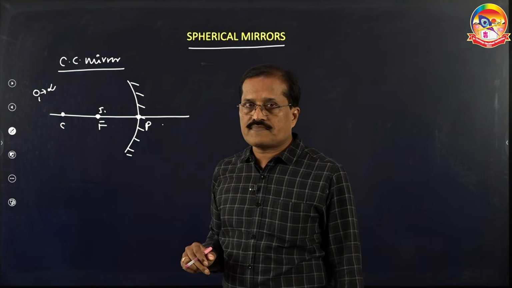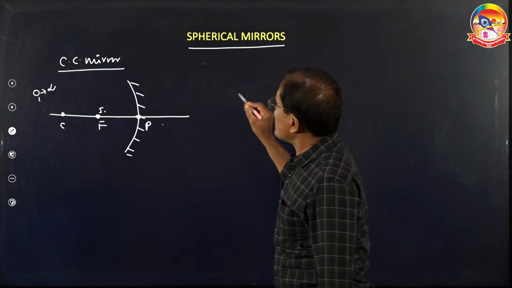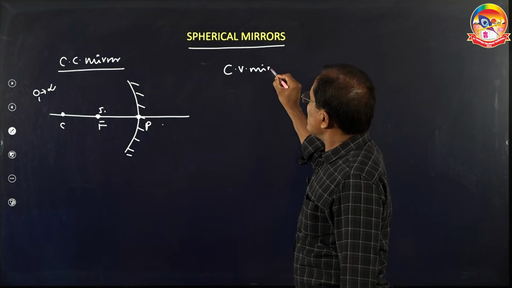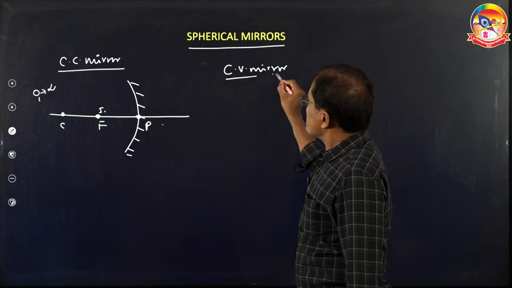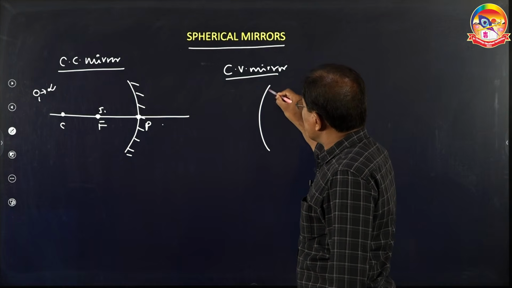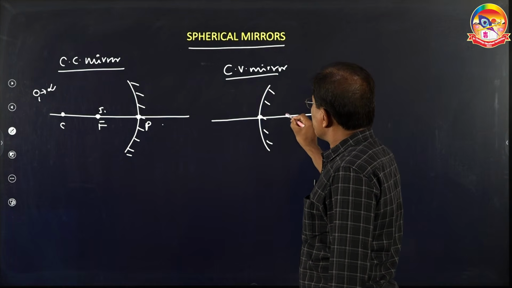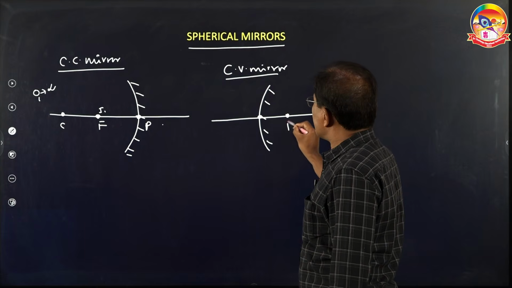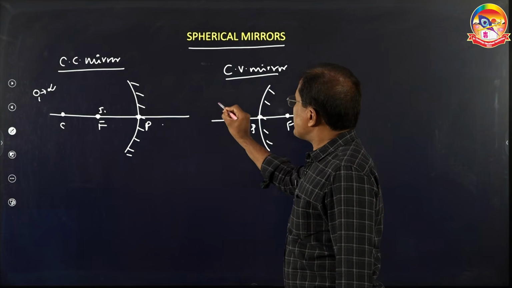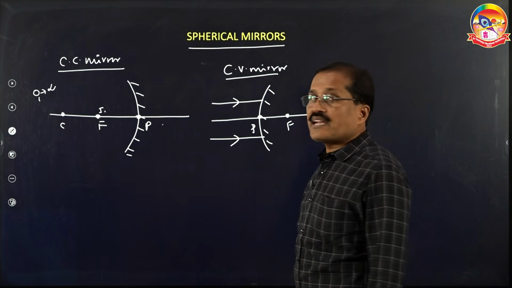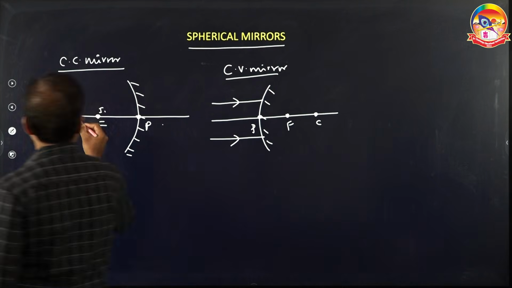because rays coming from infinity, after striking the mirror, converge at the focus. Whereas in case of convex mirror, the rays which strike here, same, three points to be noted: center of curvature, focus and pole. The rays coming from the object at infinity are parallel to each other. Here also the object is at infinity.